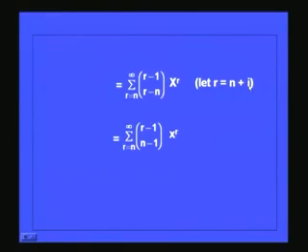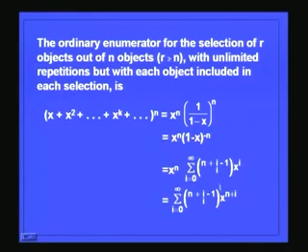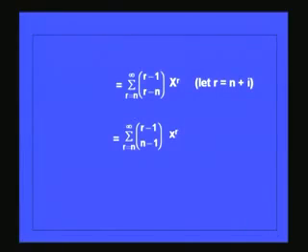The coefficient is C(r-1, i), and since n plus i is r, i will be r minus n.